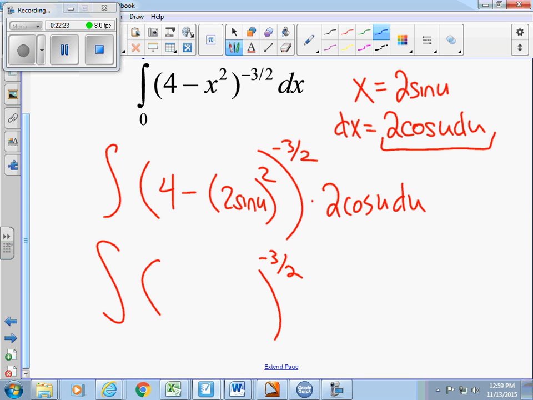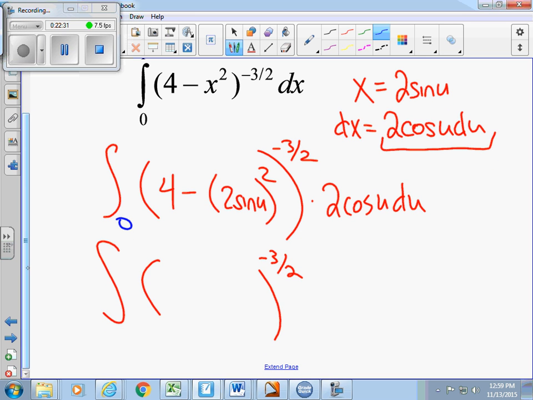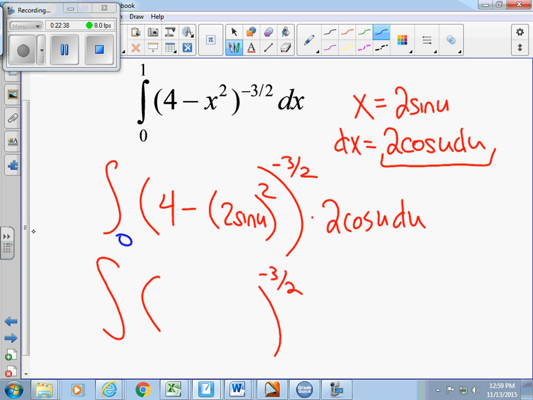Sine of 0 is 0, so I agree it's 0 to something. 0 to what? It was 1 up there, by the way. Oh, wait, no, other x's, sorry. So x is 0, so I need u.